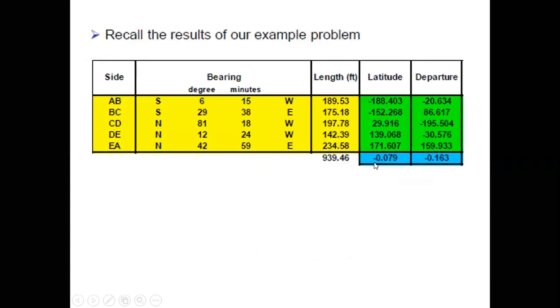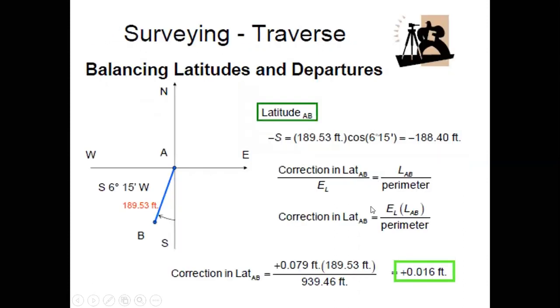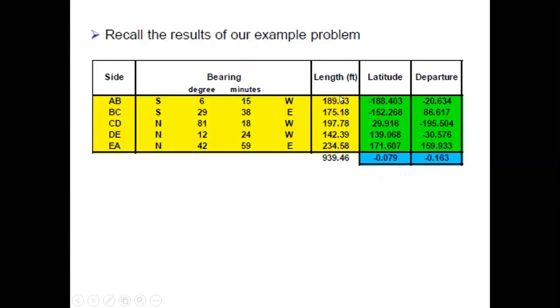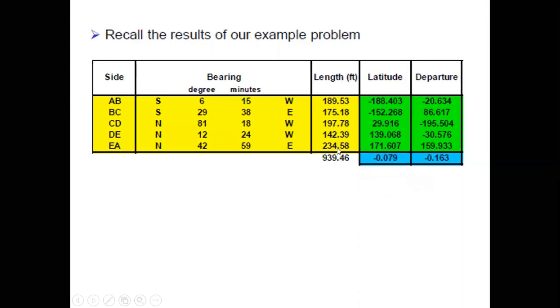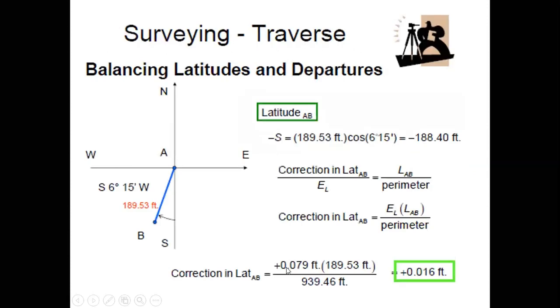Recall the table: this is negative, and since our aim is to make it zero, we change the sign from negative to positive, so it becomes positive 0.079. The length of the line segment AB is 189.53, over the perimeter, which is given or you can compute it, 939.46. Using your calculator, you can compute the correction in latitude AB as positive 0.016.